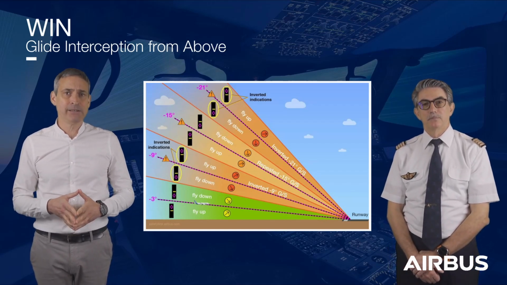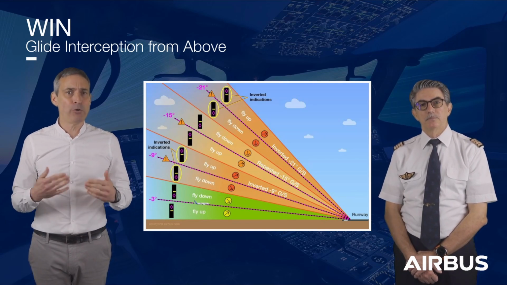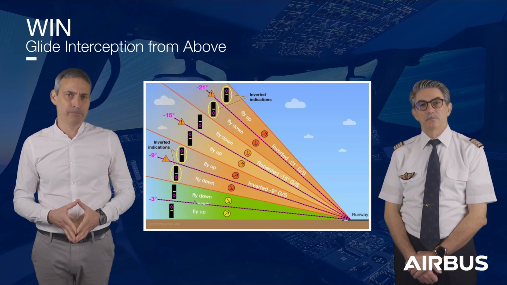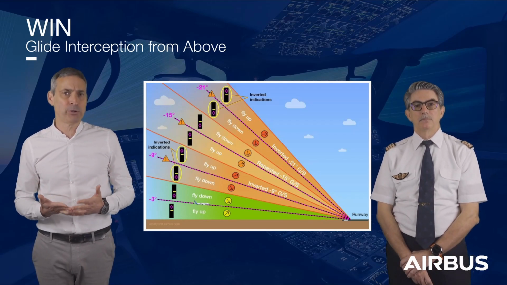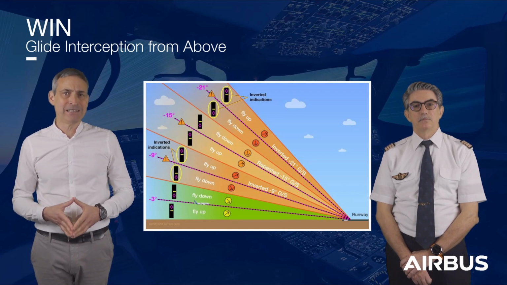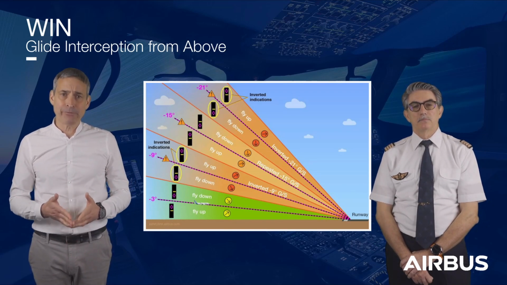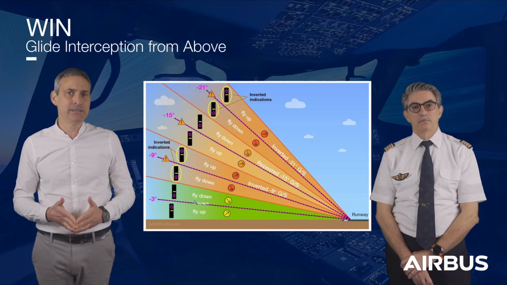As you can see in this picture, the secondary glide slope area is above the primary glide slope. This means when performing glide from above procedure, the exposure to secondary glide interception is increased. Therefore, monitoring the glide interception and validity is mandatory.